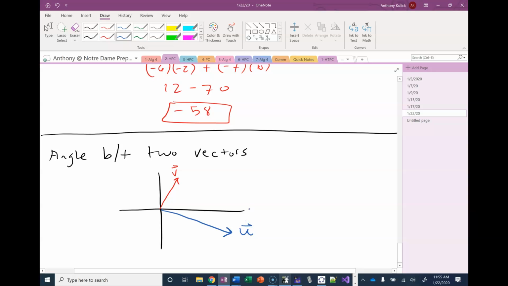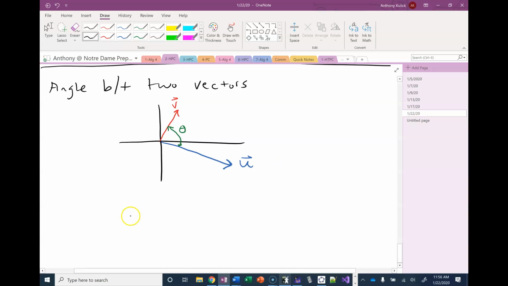So let's say we have something that looks like this. Here's my vector U and here's my vector V. What we're looking for is this angle here between the two of them. Now we could calculate this using right triangle trigonometry, but it's kind of tedious. We have an alternate way of doing this by using the dot products.